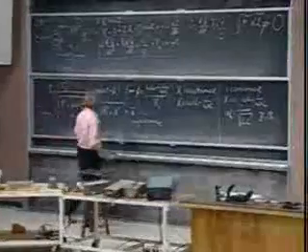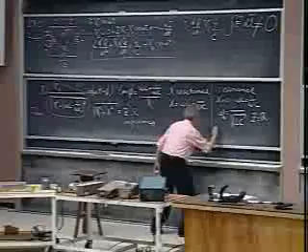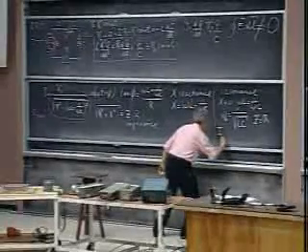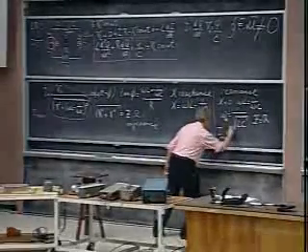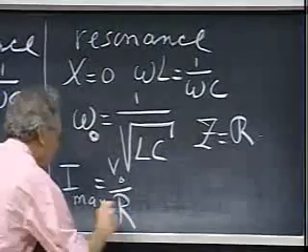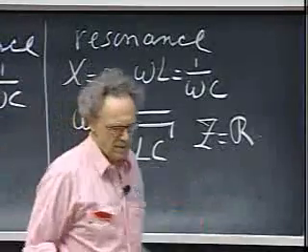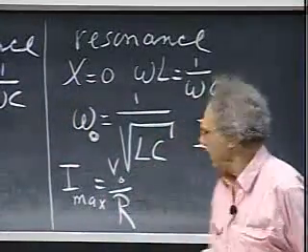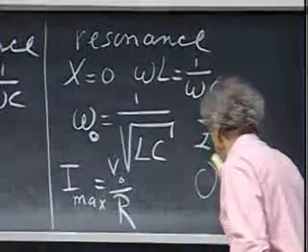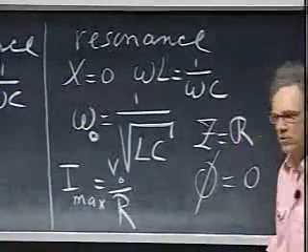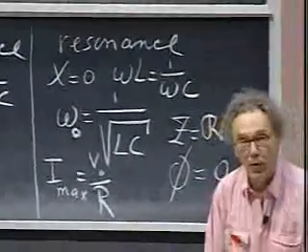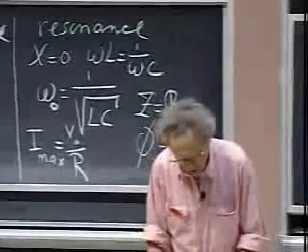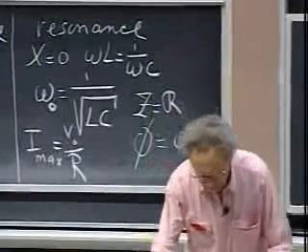And so you also see that the maximum current that you get is then simply V0 divided by that value for R, because Z, the impedance, is now R. And in addition, if you're interested in phi, phi then becomes 0. So the driving voltage is then in phase with the current that follows.